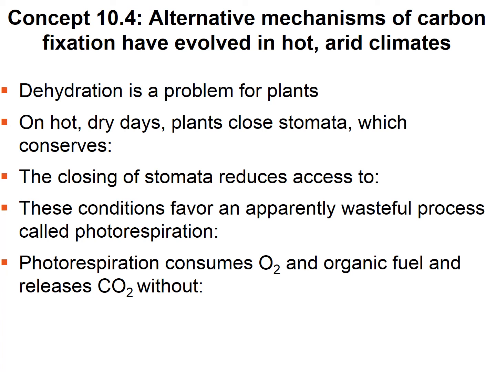This is going to produce a 2-carbon compound, not that 3-carbon compound that we talked about. So photorespiration consumes oxygen and organic fuel and releases carbon dioxide, but it's not going to produce ATP or sugar. So this is definitely a bad thing. We don't get any ATP, we don't get any sugar, so this is a process we don't want to happen.